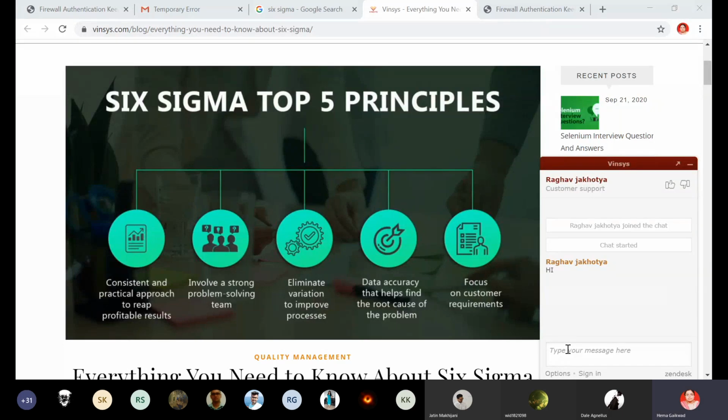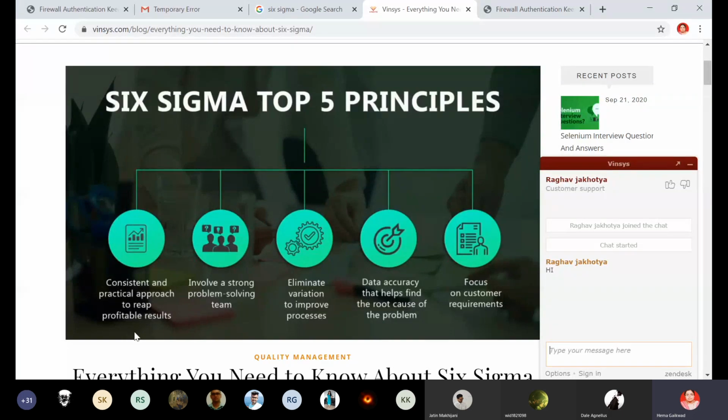So again, Six Sigma is very important. Generally, if you consider any quality model, there are different principles. On the screen, a total of 5 principles are mentioned for Six Sigma.